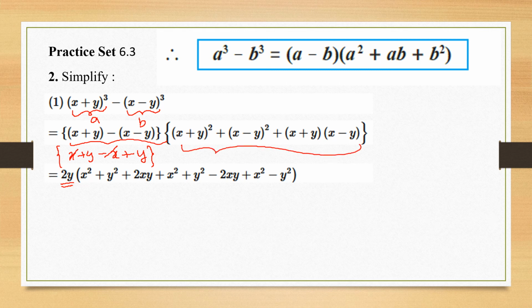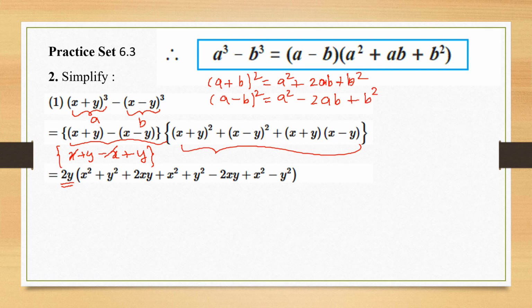Now if you see the second bracket, that is this one, this will be x plus y the whole bracket square plus x minus y the whole bracket square. So here we'll use the formulas for a plus b the whole bracket square and a minus b the whole bracket square. The a plus b the whole bracket square formula is a square plus 2ab plus b square, and a minus b the whole bracket square is a square minus 2ab plus b square.